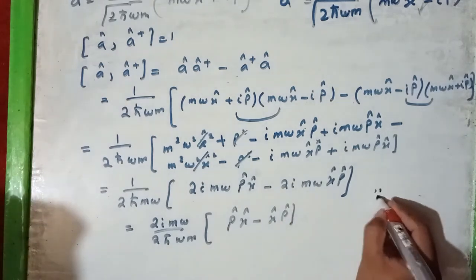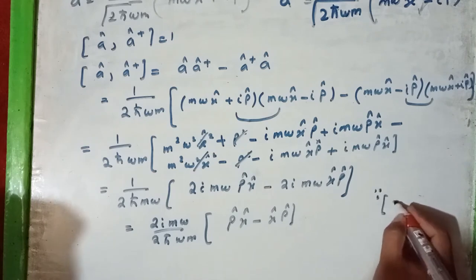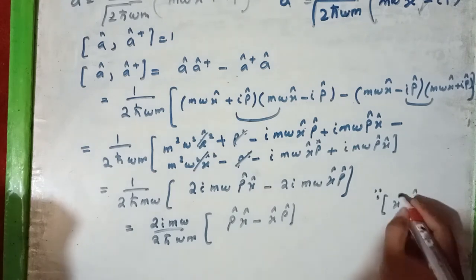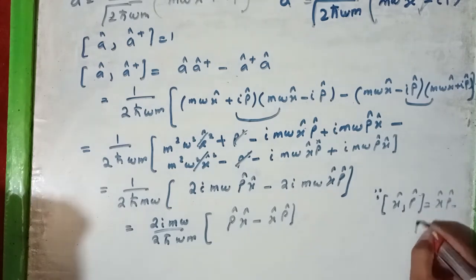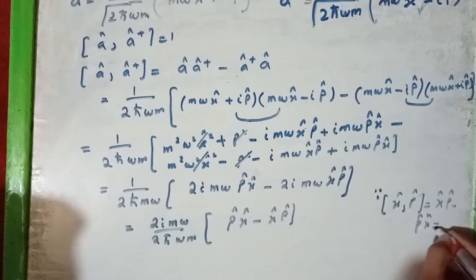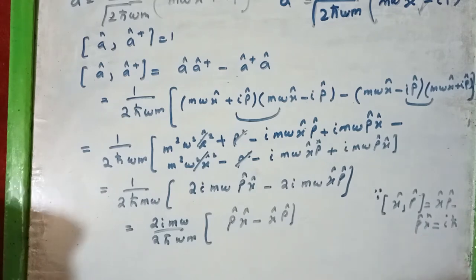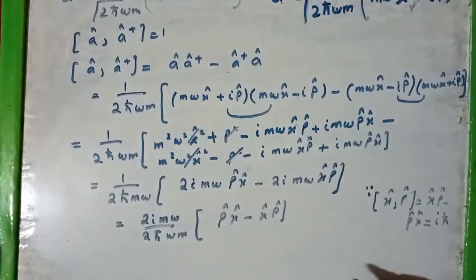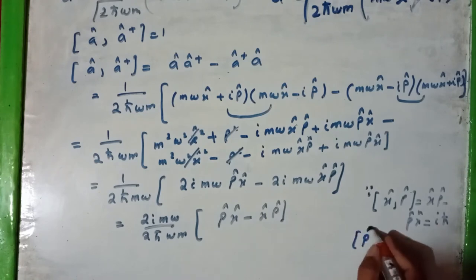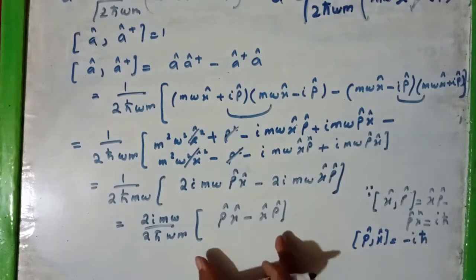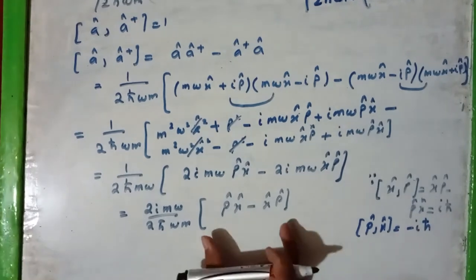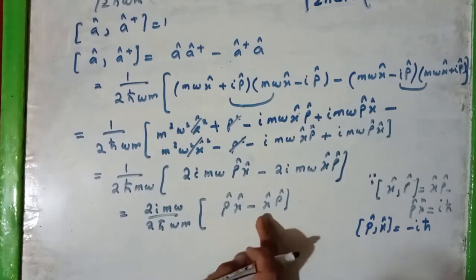Since we know the commutator of x and p is equal to x p minus p x, which is equal to i h-bar, and the commutator of p and x is equal to minus i h-bar, this is the commutator of p and x.